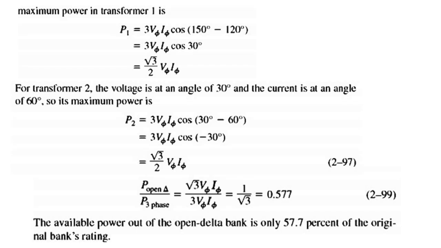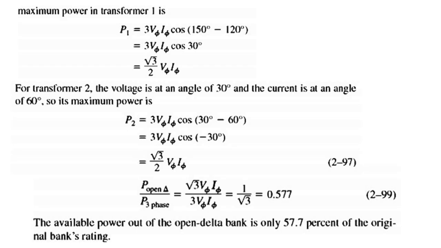For transformer 2, the voltage angle is 30 degrees and the current is at an angle of 60 degrees maximum. Then power 2 is equal to 3 V I cos(30 minus 60), is equal to 3 V I cos(phi minus 30), is equal to root 3 by 2 V I cos phi.